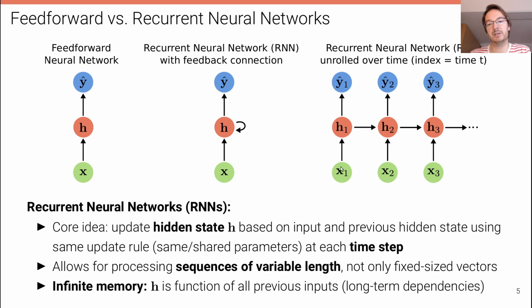So for instance, if we have time step 1, and we imagine this chain of computations going all the way to 1,000 or 10,000 time steps, then we can process X1 and store some of the information present here into H1. And this information gets carried over all the way to time step 1,000 or 10,000, if it's advantageous for the model for making a prediction.